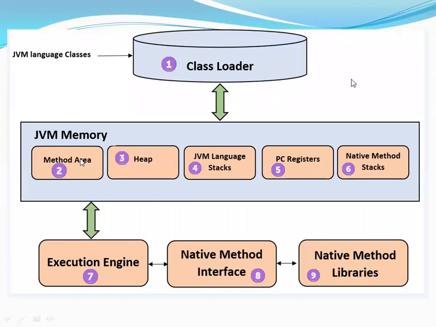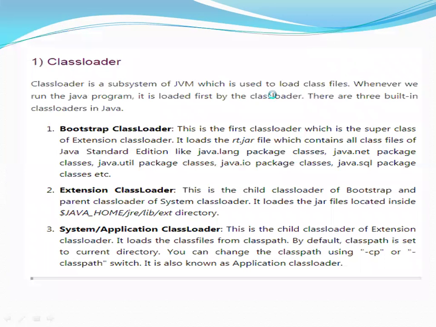After loading the class, if you are mentioning methods, it will go to the method area, the heap for properties and variables, JVM language stacks, PC registers, native methods. These are the JVM memory areas. Once the memory allocation starts, it will go to the execution engine. If we have any native method interfaces, they will come, and native method libraries will come here. Overall, your Java program will run like this only.